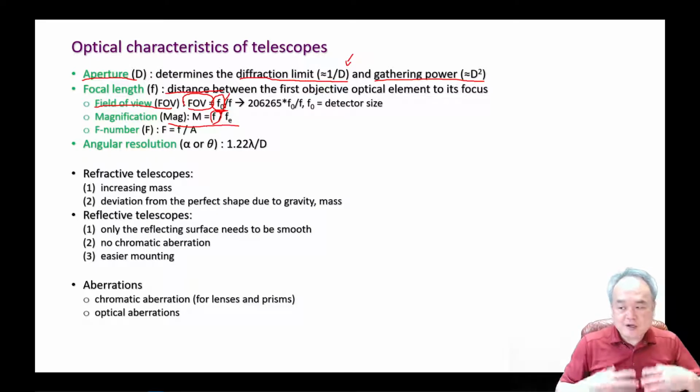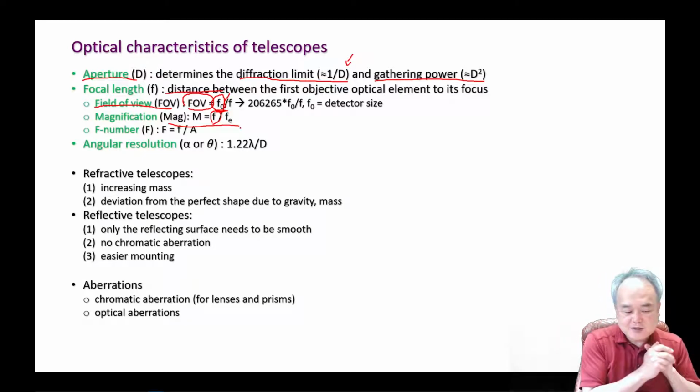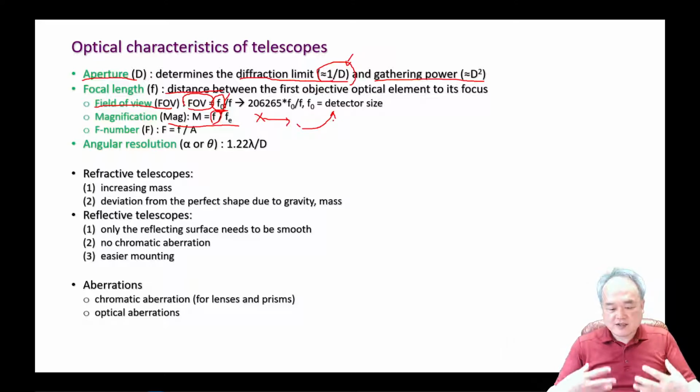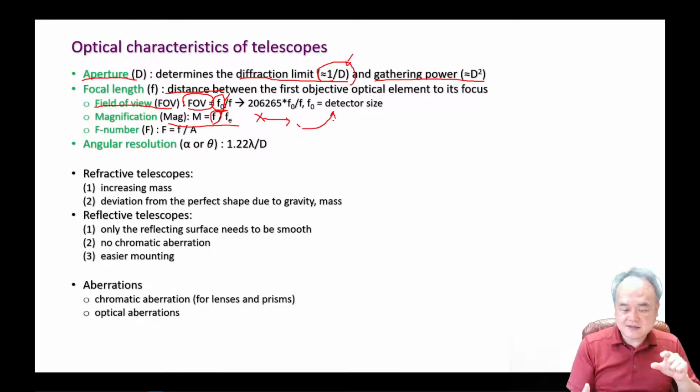But for a professional astronomer, the professional level of telescope, magnification hardly matters, but is more related to the diffraction limit and also the detector size. So how many pixels are available in a given detector size? Sampling size, pixel size, and so on are more important.